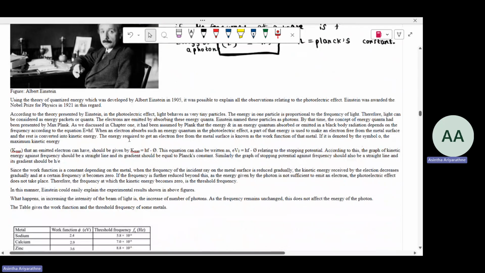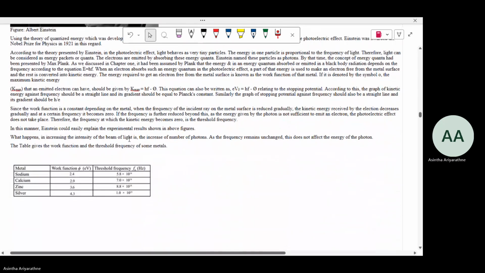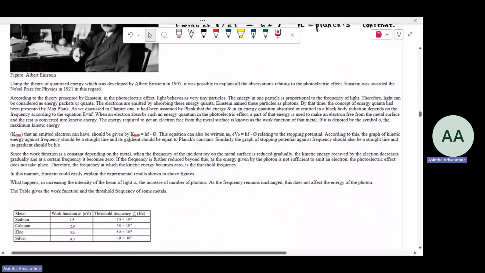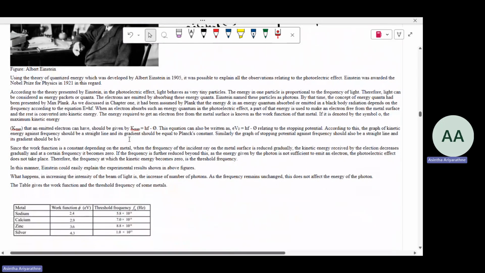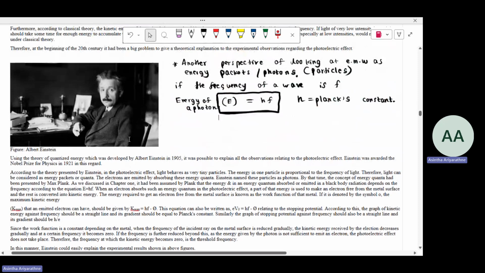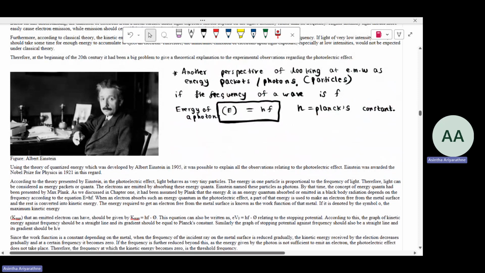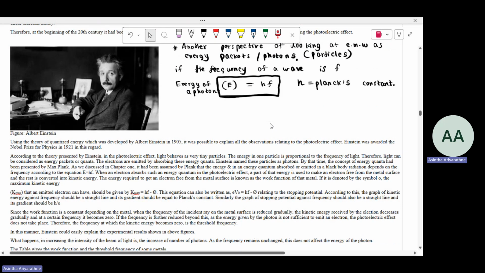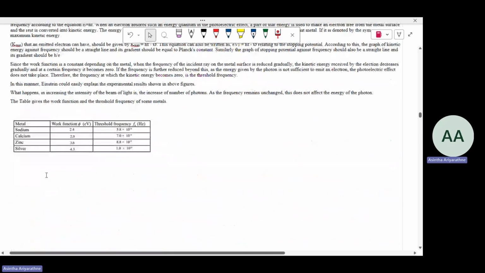So he was able to describe the behavior of the photoelectric effect. We know that if a wave has frequency f, the energy of a photon is hf.